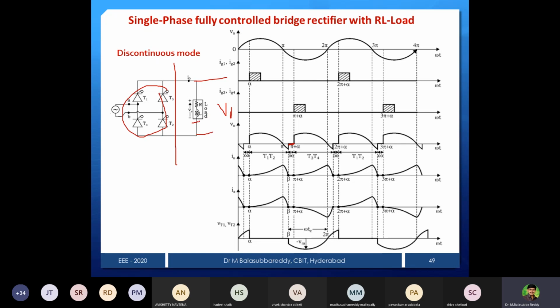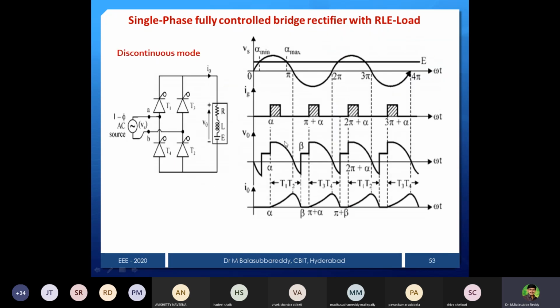If I connect a battery or voltage source at this point, that much voltage will be present here. Instead of making it 0, you make it some magnitude. Wherever it was 0, you keep it at that magnitude, and it will look like this. That's what I have drawn here. You can see that only during that instant, earlier it was 0.